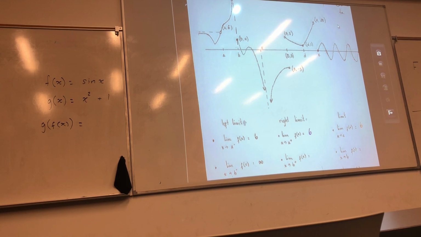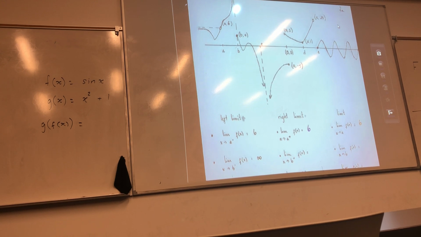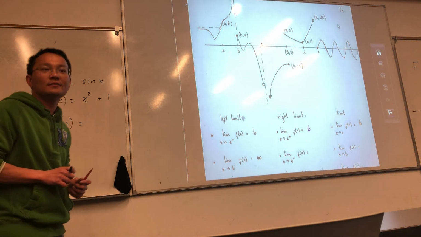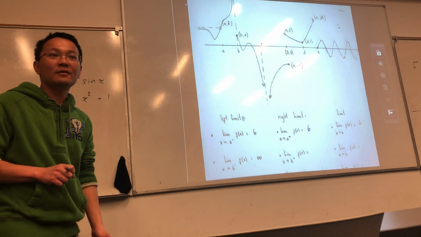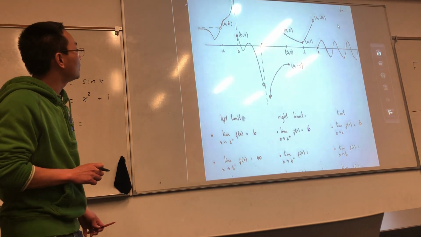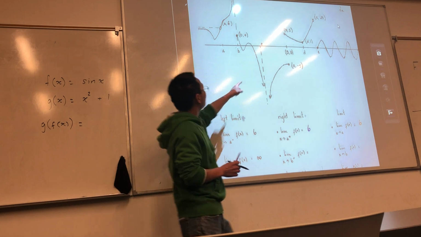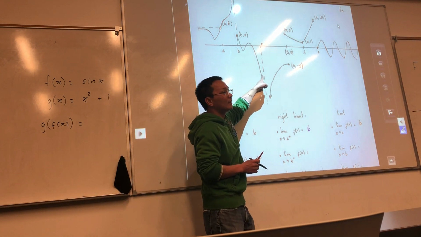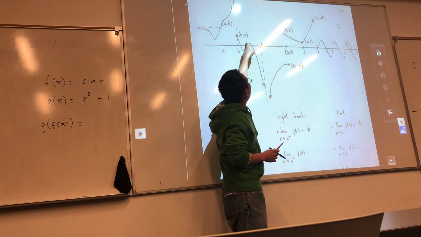Okay? Alright, now what about the right limit for B? 4. Everyone okay it's 4? Get to the right of B, get on the graph, and then follow the graph. Where is it going to?